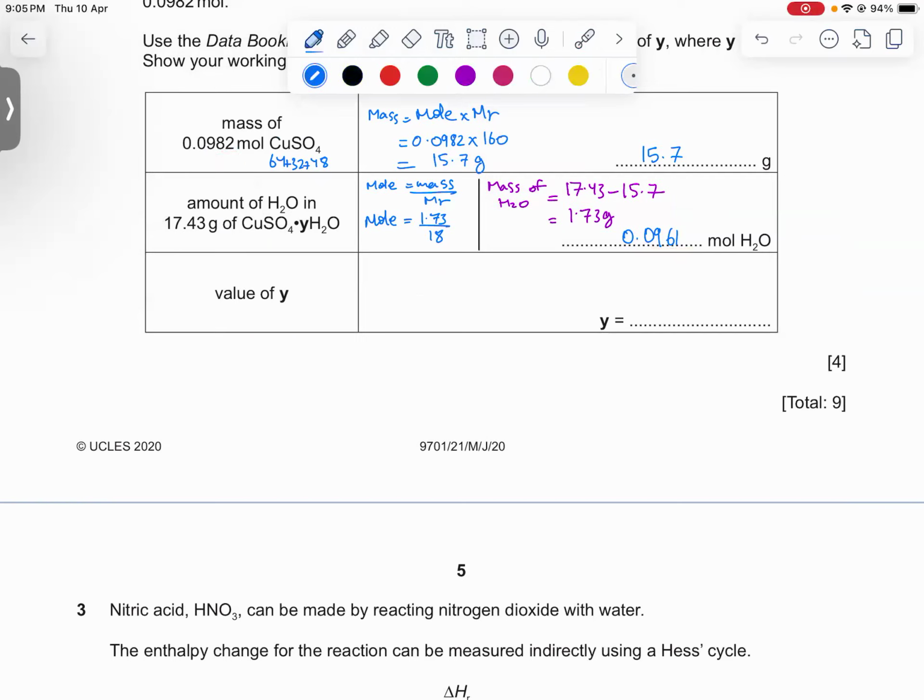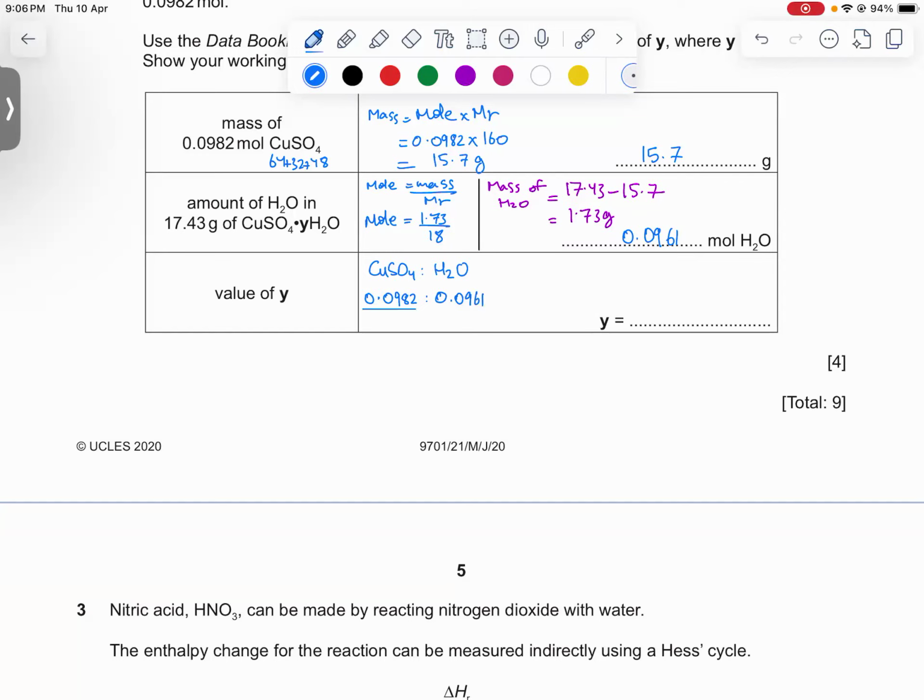All right, value of y now. How would you do it? You would basically just take a whole ratio, right? So you are going to say CuSO4 is to H2O. Moles of CuSO4 were 0.0982, ratio 0.0961.